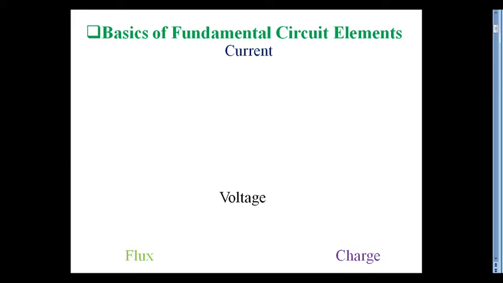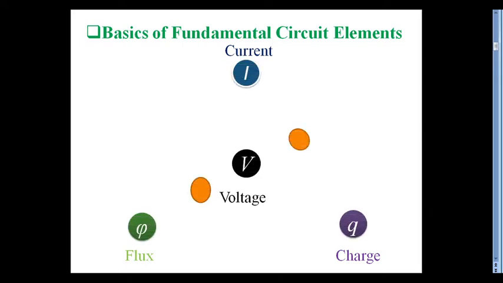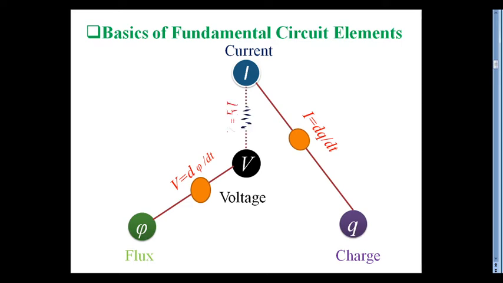charge and flux. If you think about current and charge, there is a relationship, that is Q equals to integral of I dt. And the relationship between voltage and flux, V equals to d phi by dt. And the famous relationship between current and voltage, everyone knows, V equals to IR, that designates the resistance term.